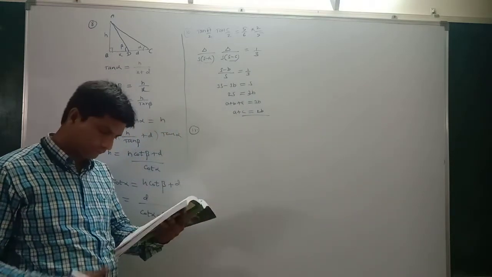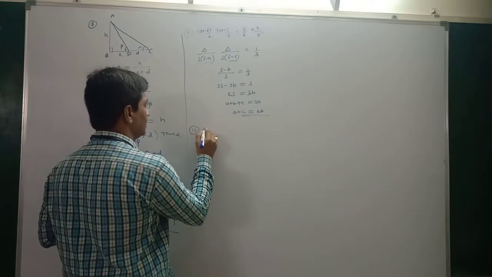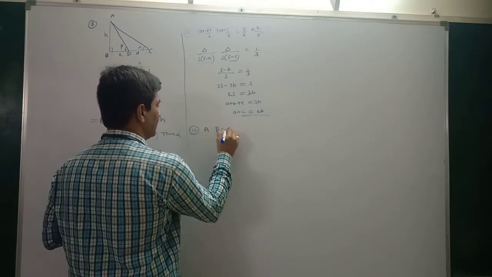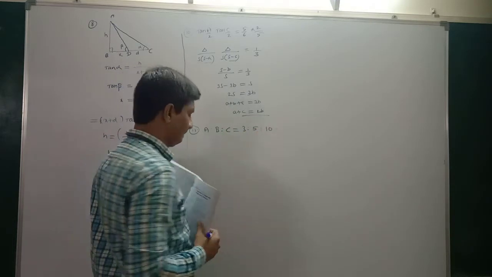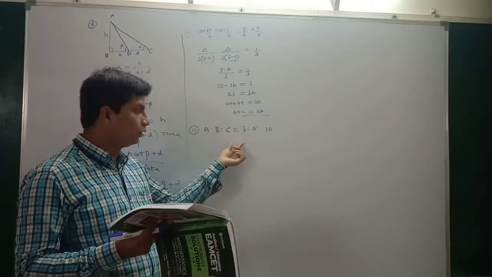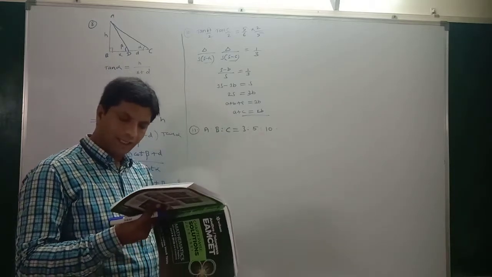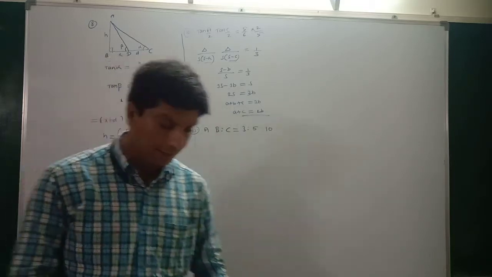Eleventh problem. The angles of a triangle are in the ratio. Angles means capital A is to capital B is to capital C is given as 3 is to 5 is to 10. Then we have to find the ratio of the smallest side and greatest side.